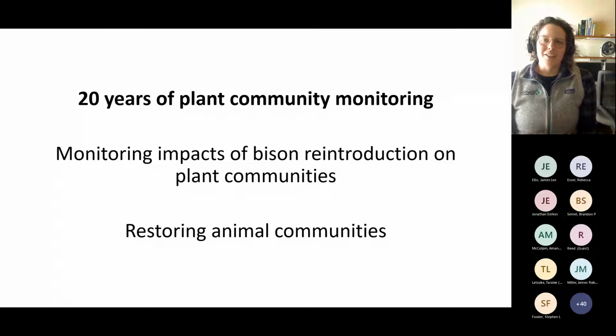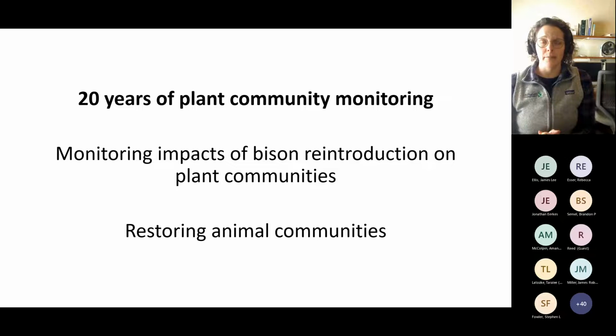Today, I'm honored to share with you three science stories that have come out of Nachusa Grasslands recently and are ongoing in our long-term science work. The first is an overview of 20 years of plant community monitoring and what we've learned across that long-term data set.